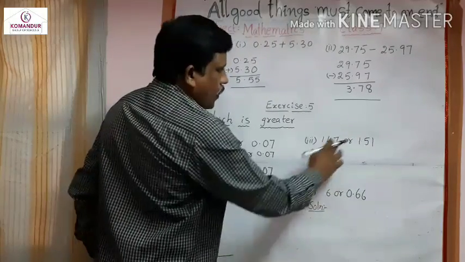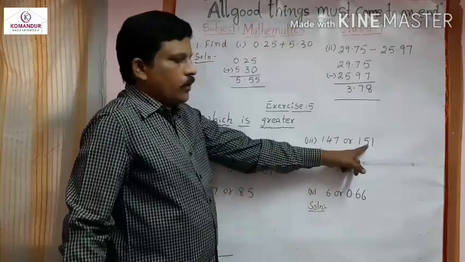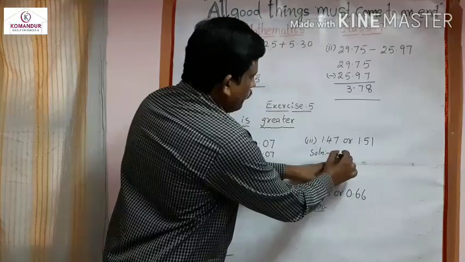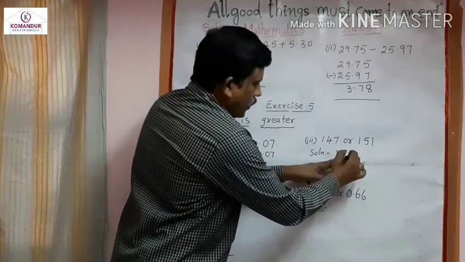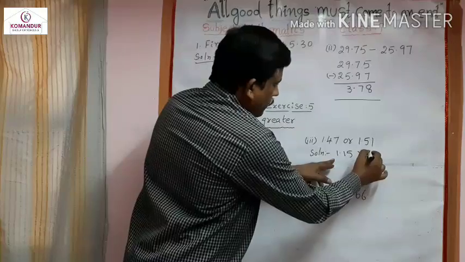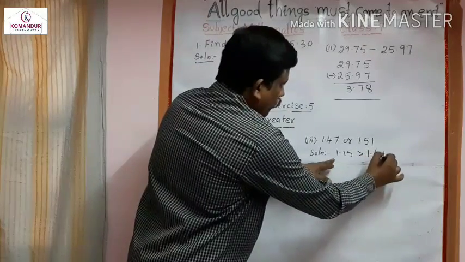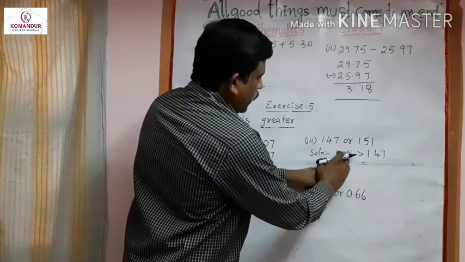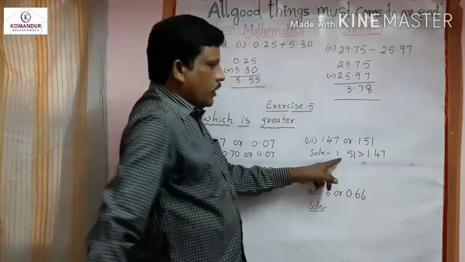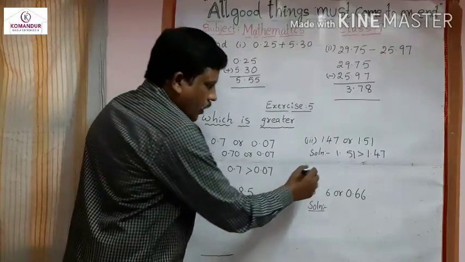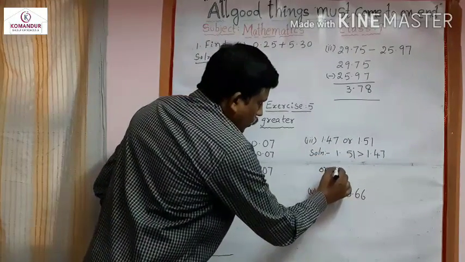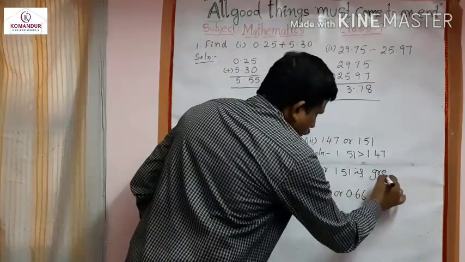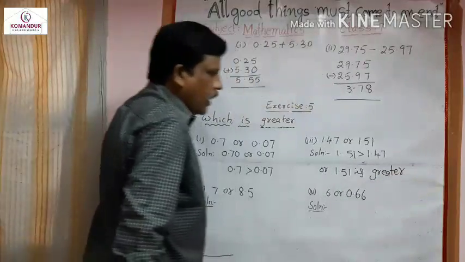In these two numbers we compare which is greater, 4 or 5? 5 is greater, so this number is greater. 1.51 is greater than 1.47. So we can write it like that also.